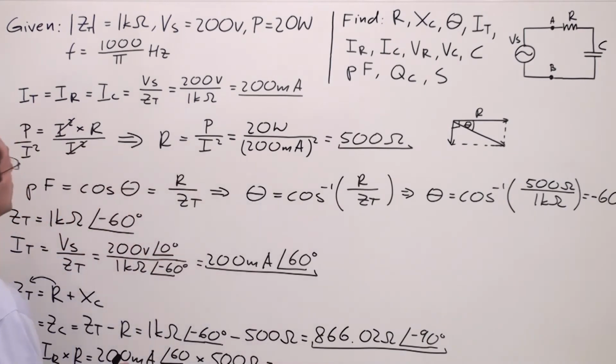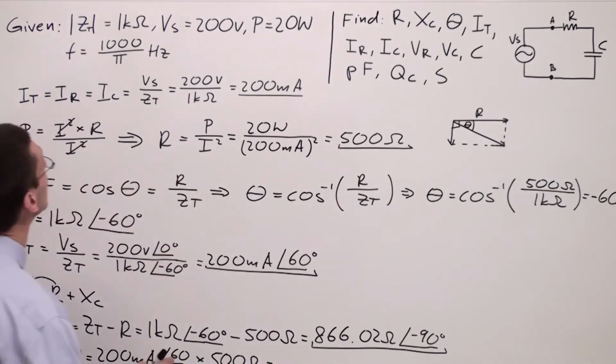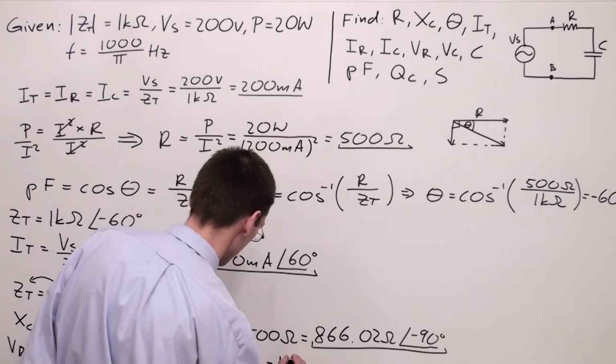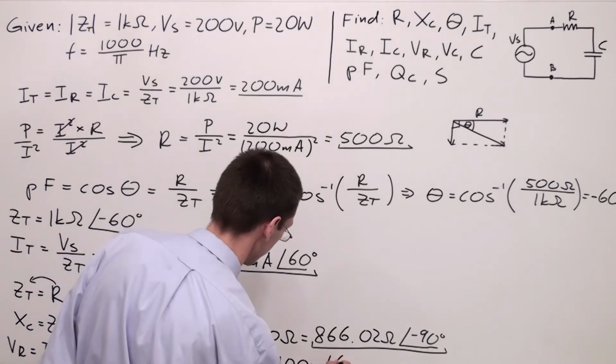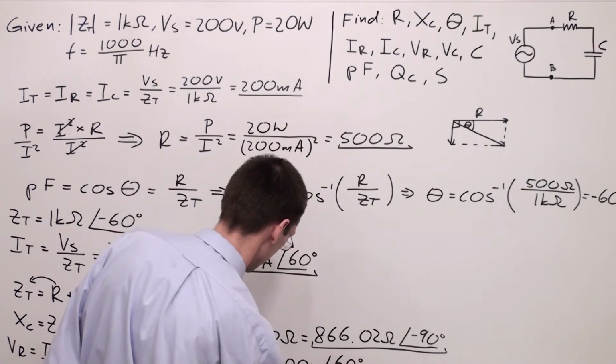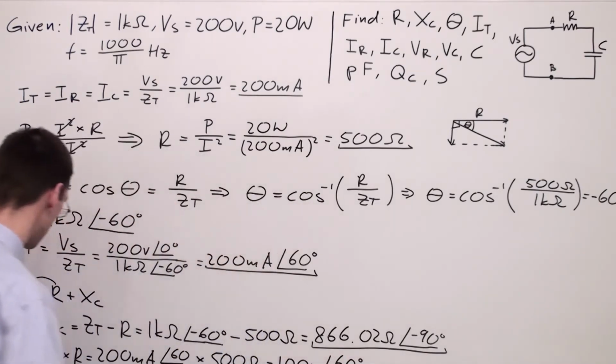This is equal to 100 volts and an angle of 60 degrees. This is the voltage across the resistor.